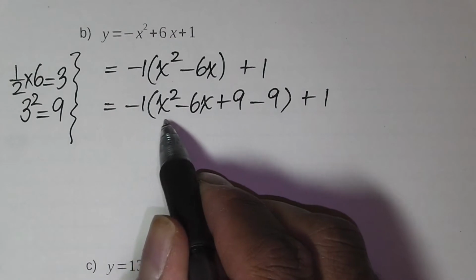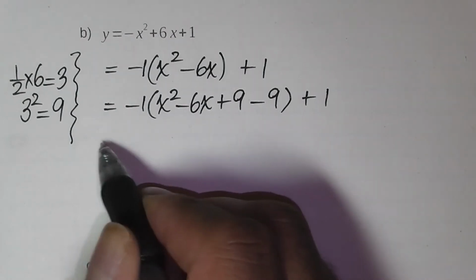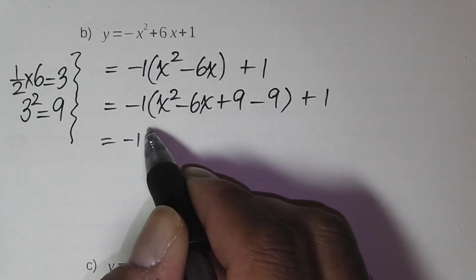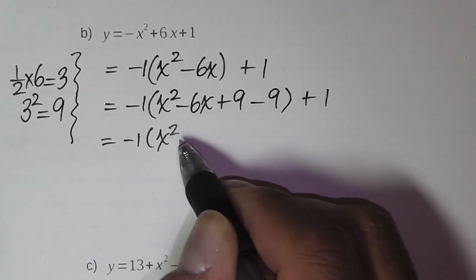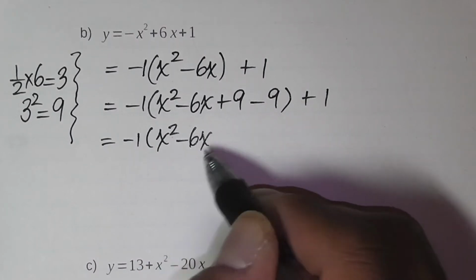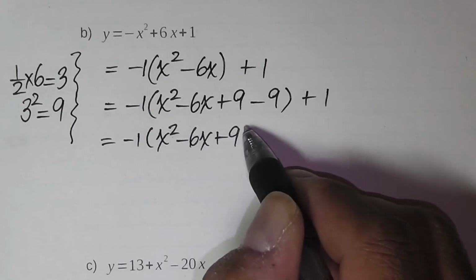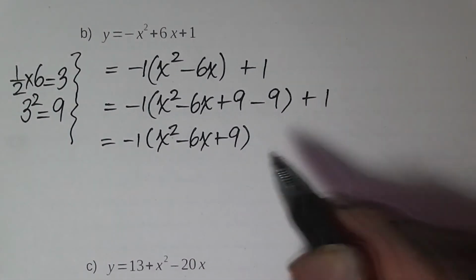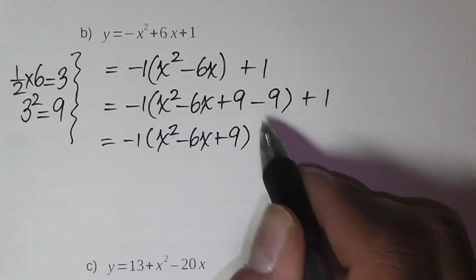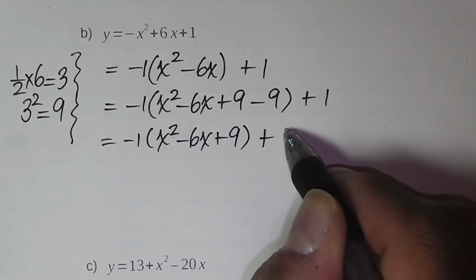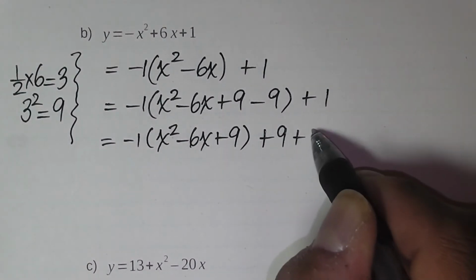I'm going to group the first three. So I've got negative 1 x squared minus 6x plus 9, close brackets. I'm going to take negative 1 times negative 9. That's going to give me positive 9 plus 1.